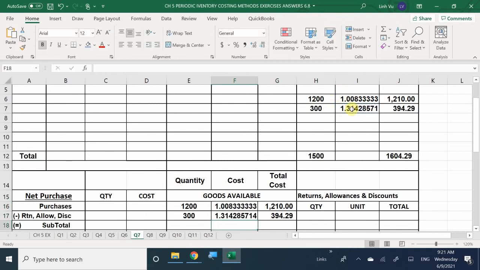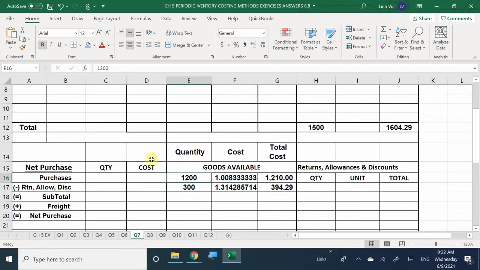So my goods available will include my beginning balance. Because I'm keeping it in the exact order, when I calculate my cost of goods sold, I'll follow through with my goods available and eliminate one batch at a time in the order that you are costing it, which is LIFO. So there you go, I transfer my beginning balance into my goods available column as well.